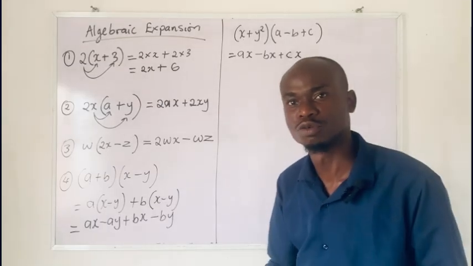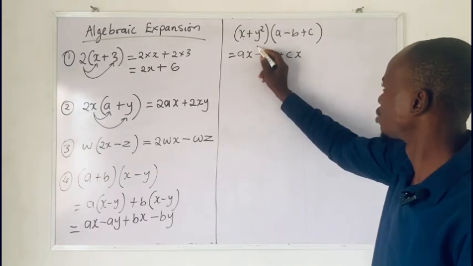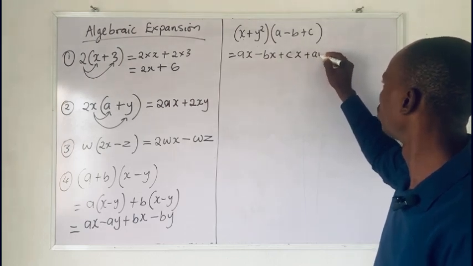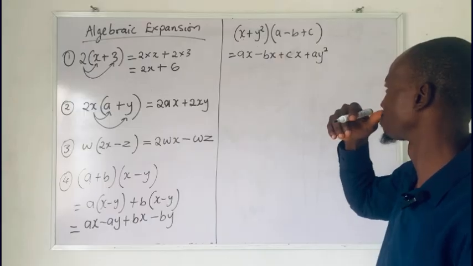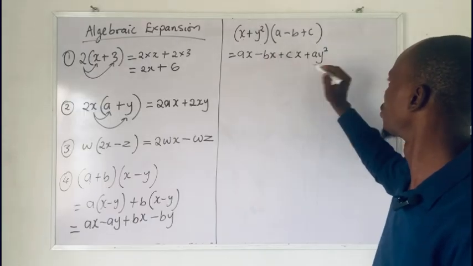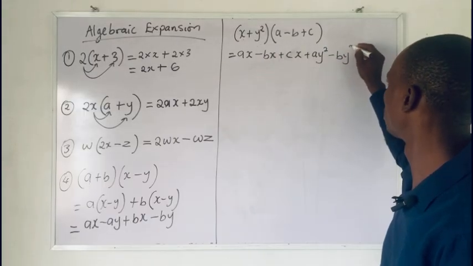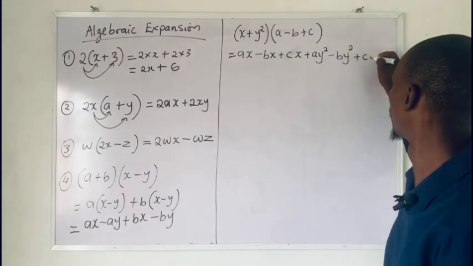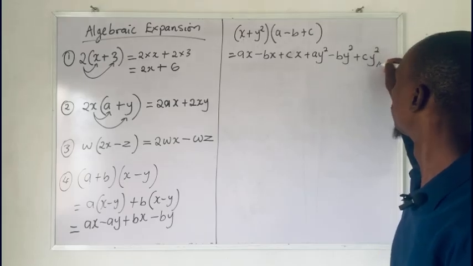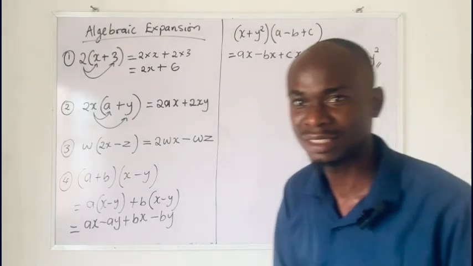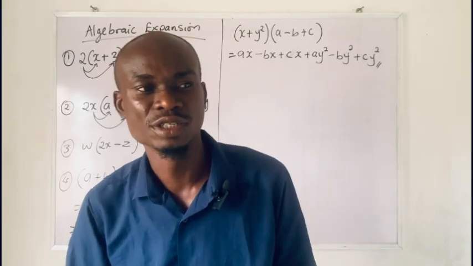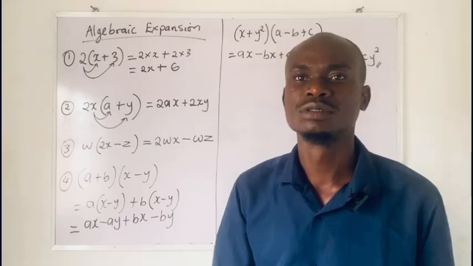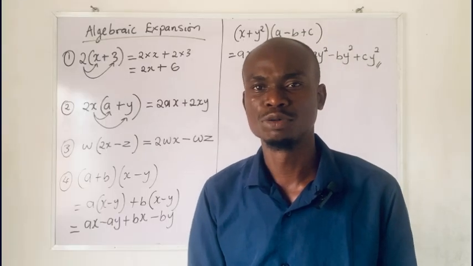Then the second term we have to go through the same way. y squared times a, that's plus ay squared. y squared times minus b, minus by squared. And y squared times c, plus cy squared. So this is how we expand. So anytime you are expanding, just know that you are using the terms of the first bracket to multiply the terms of the second bracket. I hope you understand that.